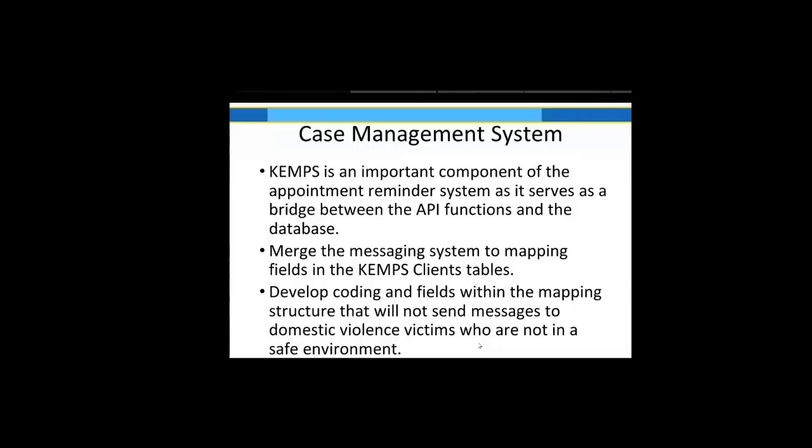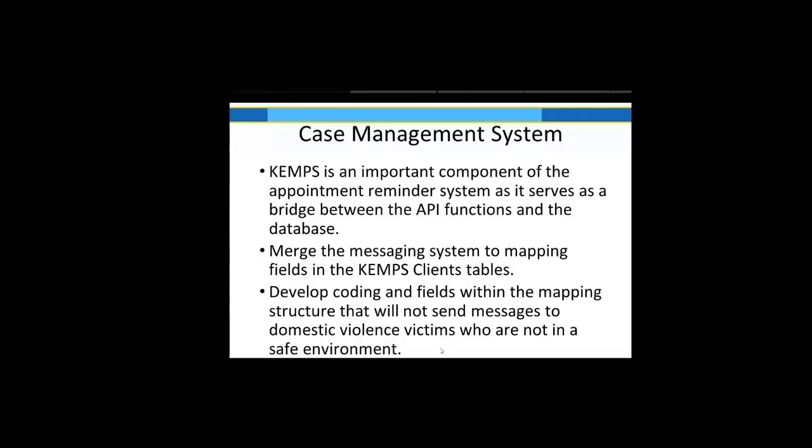When we have an applicant who's a domestic violence victim and, for safety issues, prefers for us not to send them either a voice or a text message, with our case management system, we would be able to flag those types of criteria and not send out a message, and that way make sure that the DV victim is in a safe environment. So with the case management system, we can then set up certain fields or categories in which we would be able to perform the messaging system.